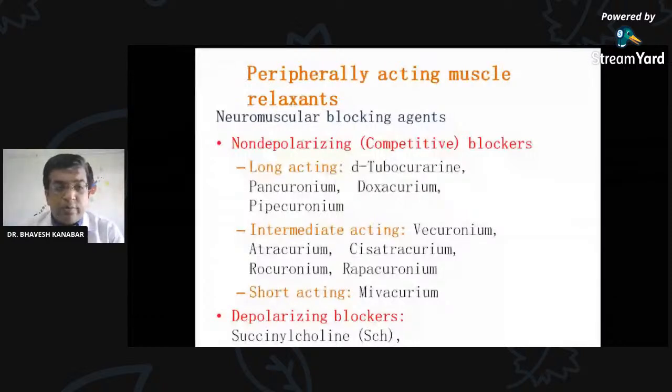You are all trying to remember the names of neuromuscular blocking agents. Thank you.